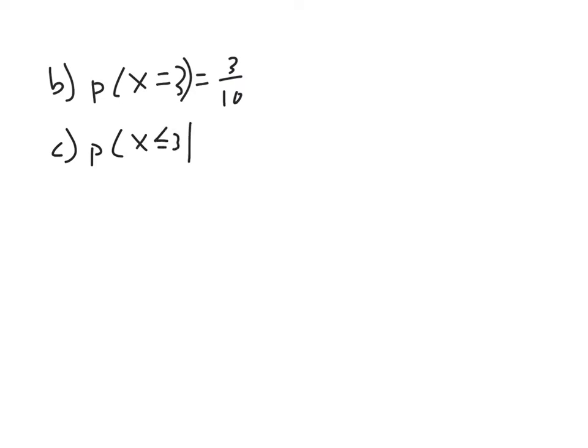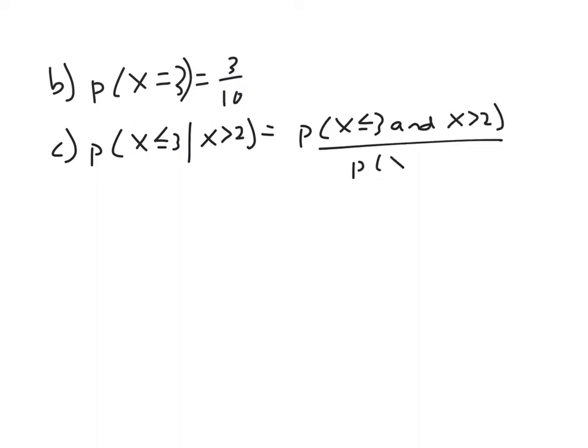So in part B, the probability that x equals 3 is 3 over 10. In part C, the probability that x is less than or equal to 3, given that it's greater than 2, is the probability that x is less than or equal to 3 and it's also greater than 2, over the probability that x is greater than 2.